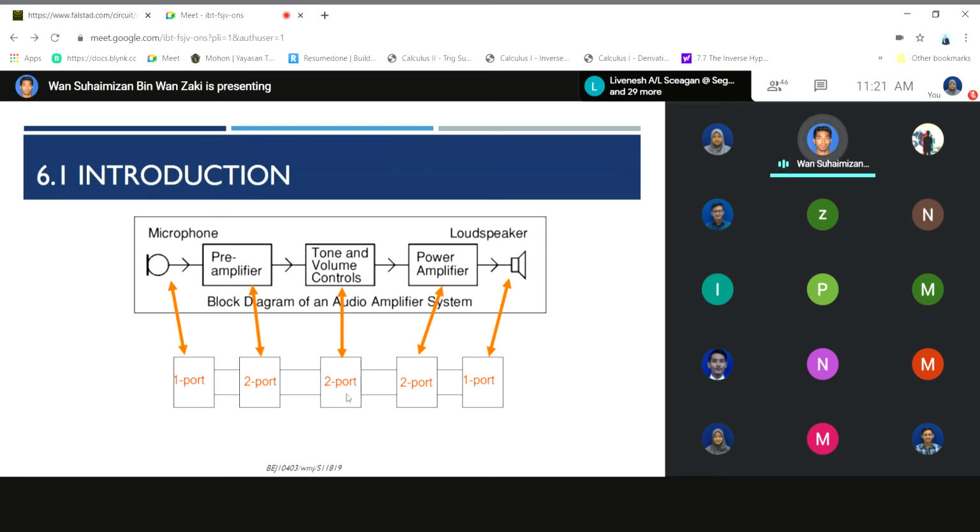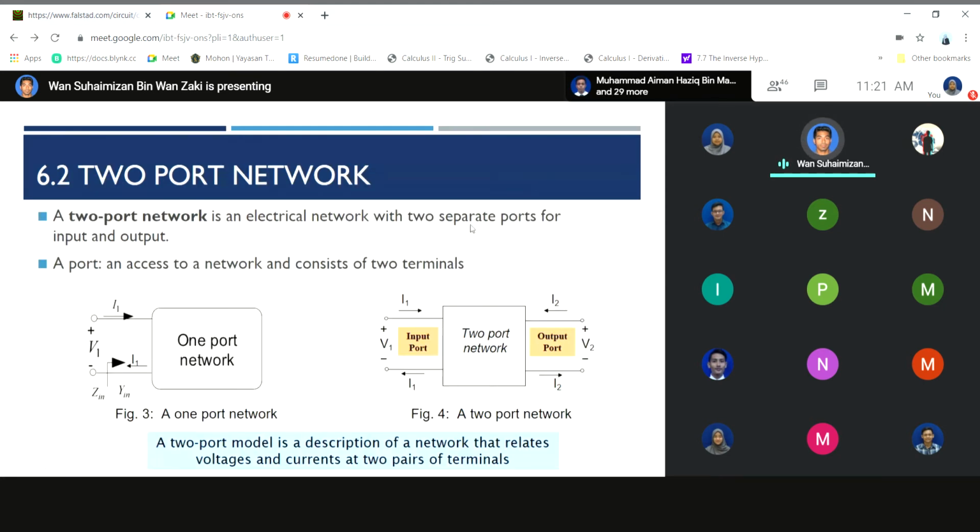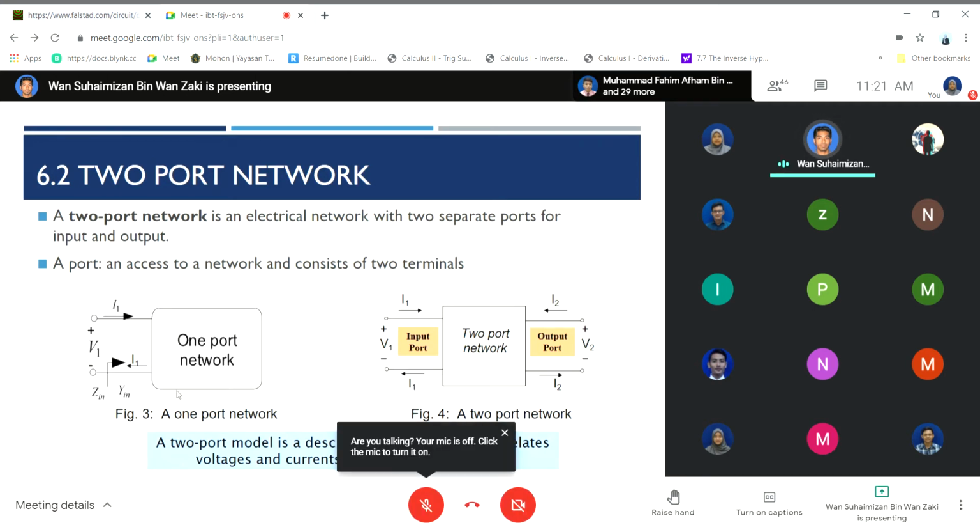So what is the difference between one port and two port? If you have a two port, you have two separate ports for input and output. That's why we call it a two-port network. One port is an access to a network and consists of two terminals.